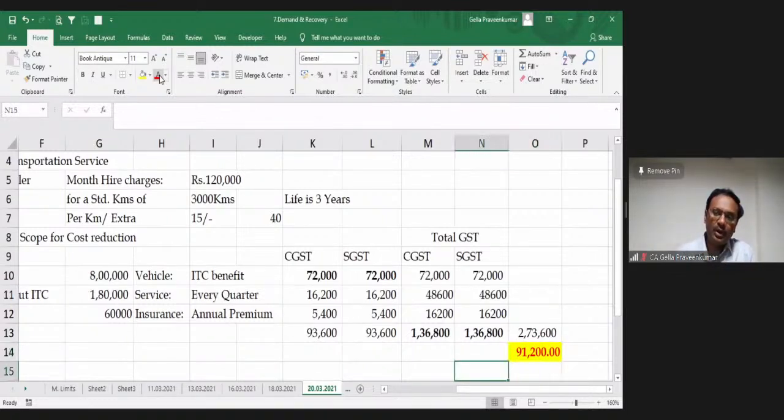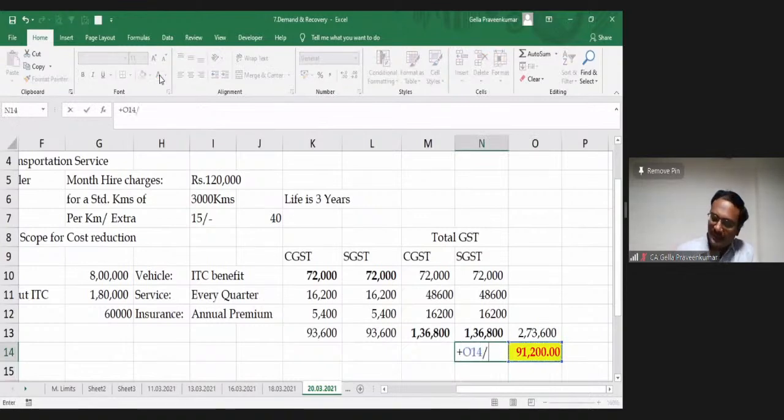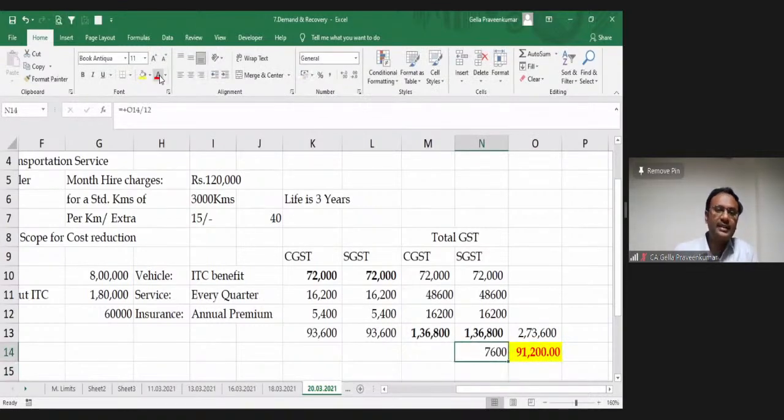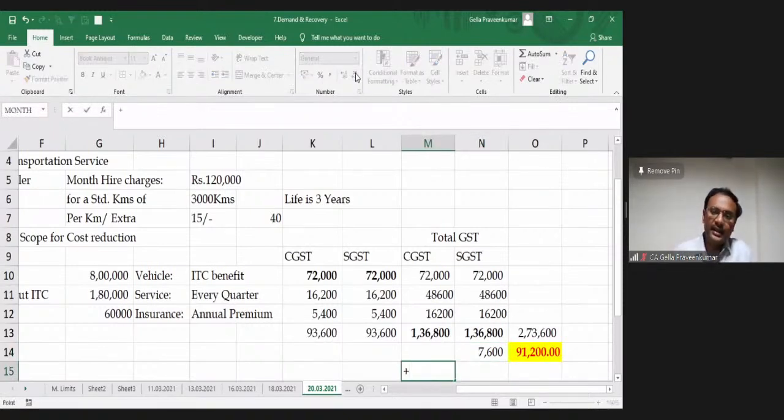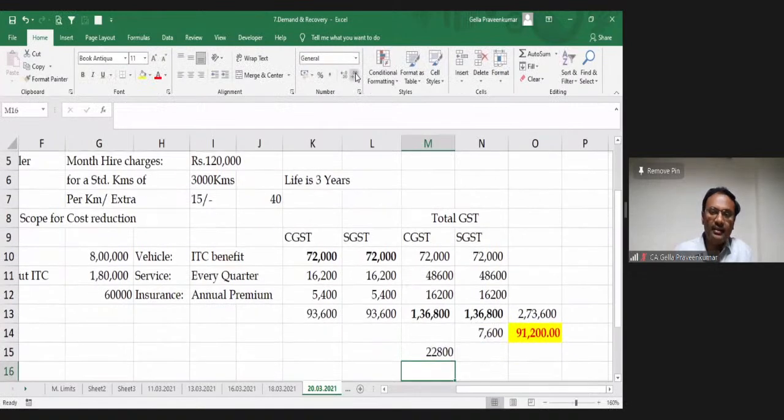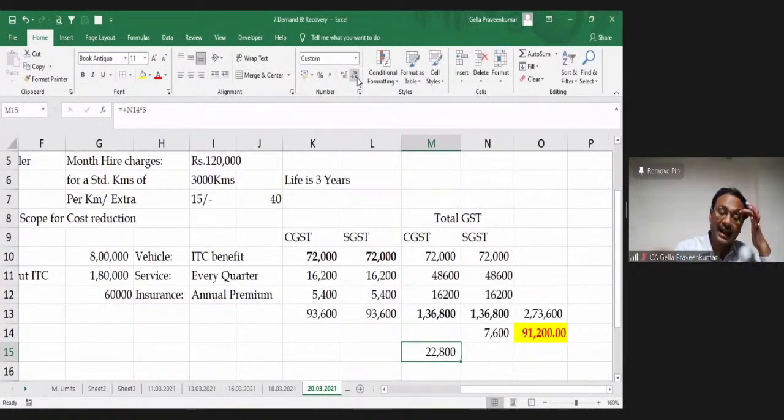Now, on a monthly basis, I'm going to save 7,600 per month. Imagine if your internal audit cost is 10,000 per month, you have given 7,600 benefit. Assuming there are 3 tempo travelers, 3 into 7,600, 22,800 is a straightaway benefit which you have given to the assessee as a saving in cost.